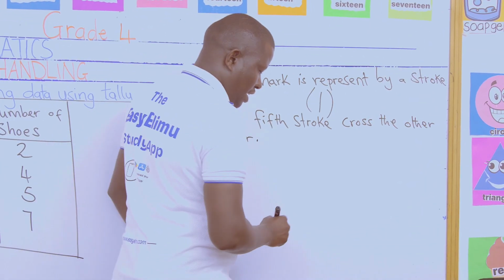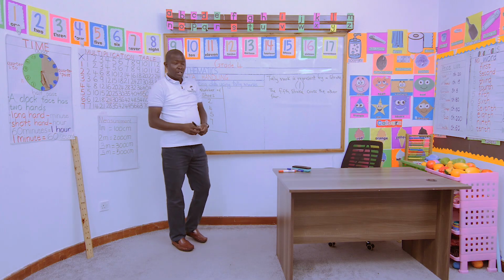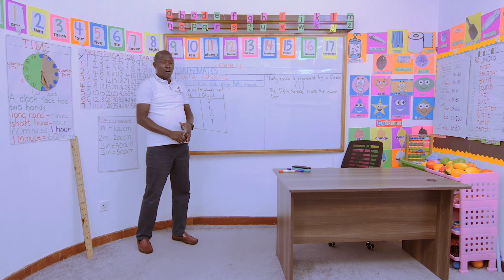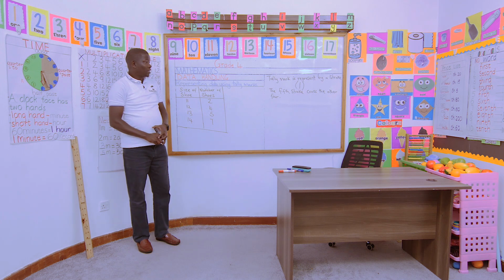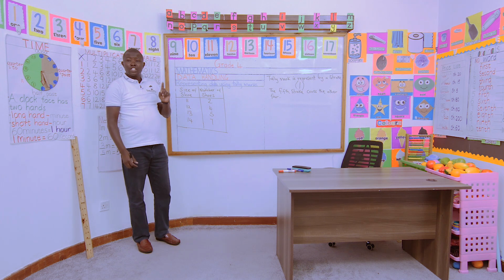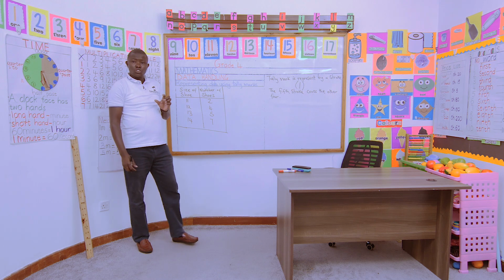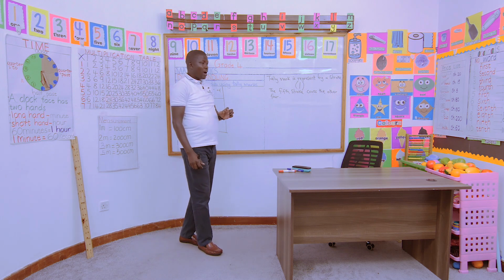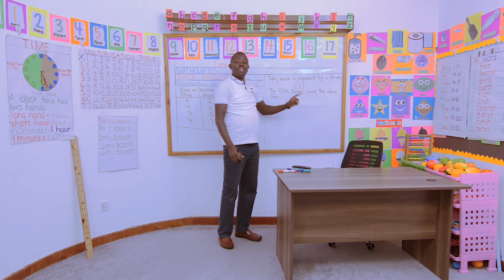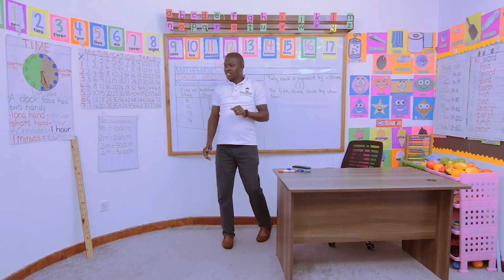That is very key. You should observe. When we are doing the tally mark, we represent by vertical strokes. The vertical strokes are 4 of them, then the fifth one we cut across.